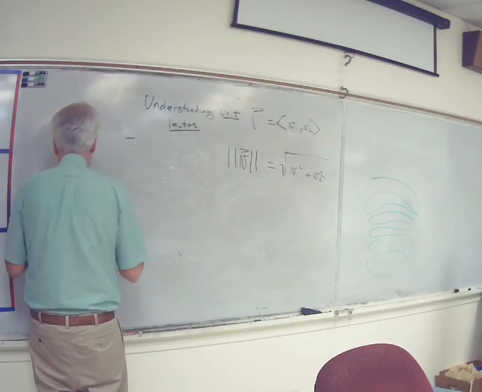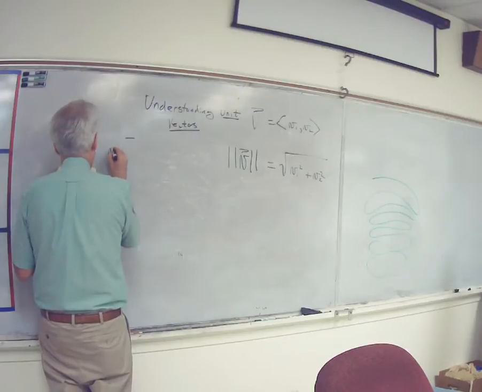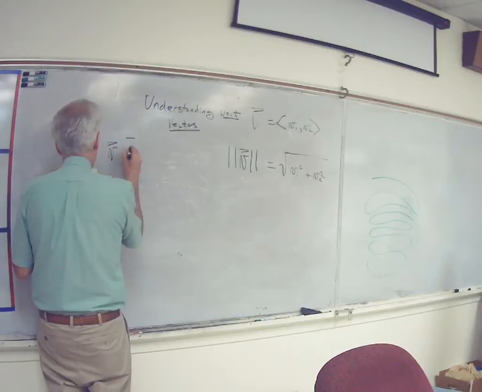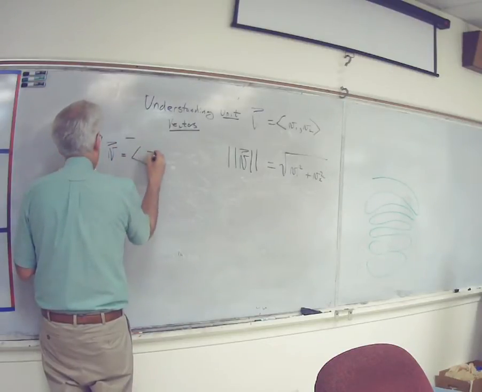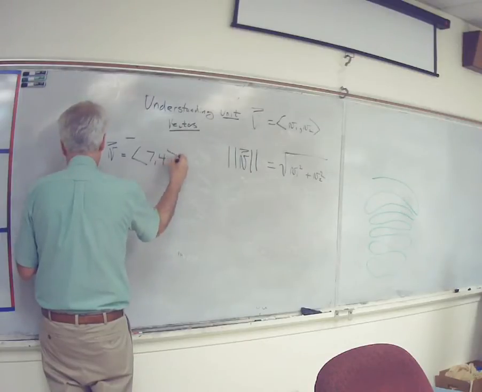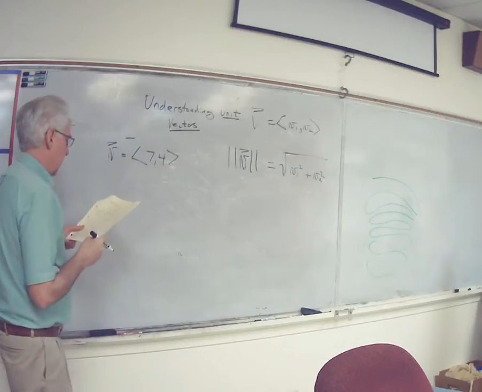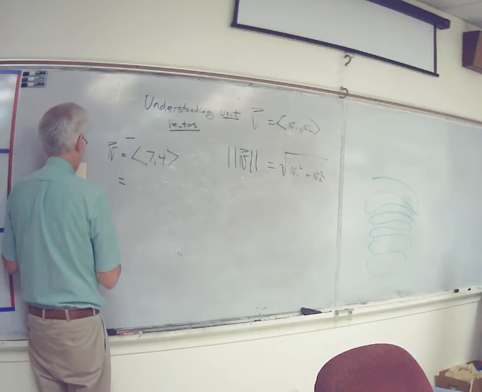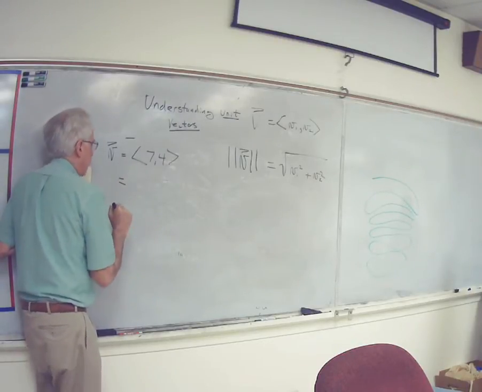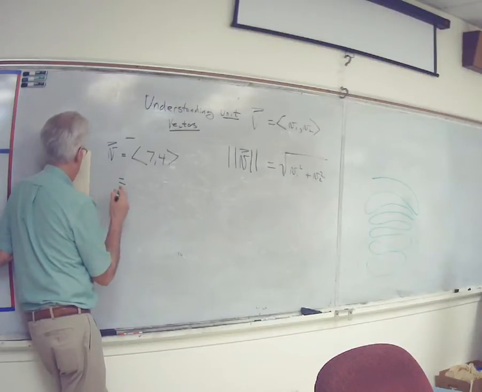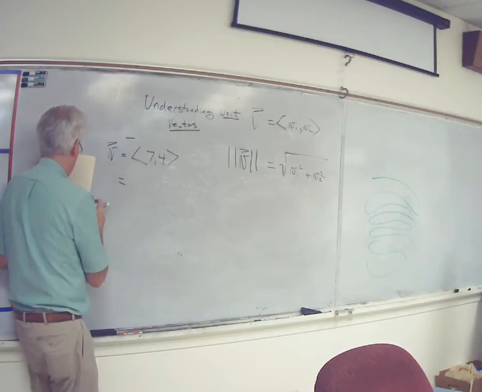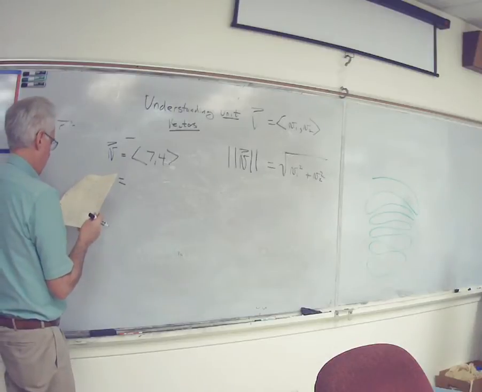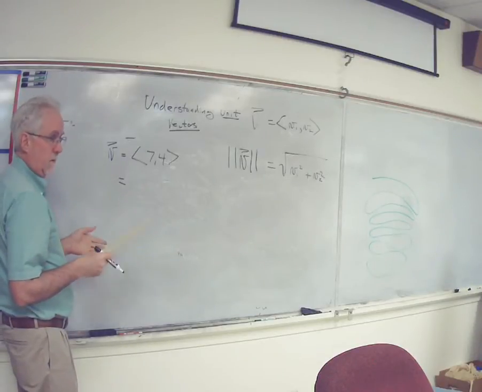I want you to put vector V equal to 7, 4 in unit vector format. Catherine, can you take a shot at that? Yes, sir.